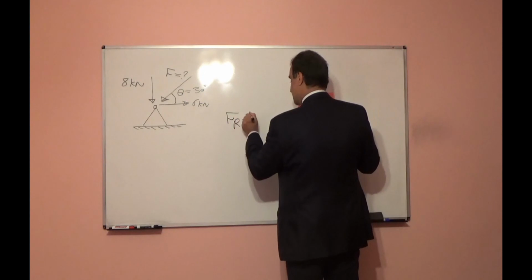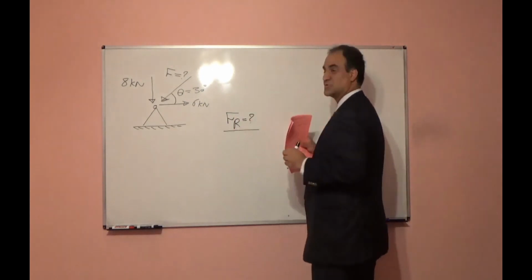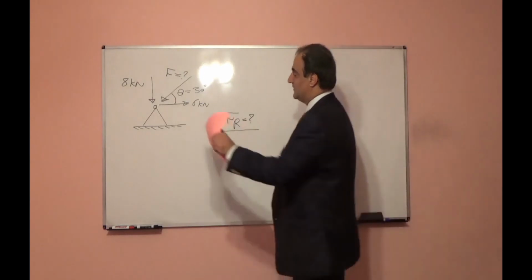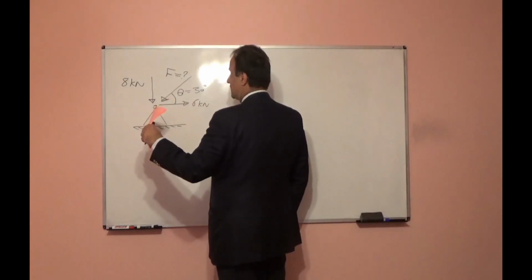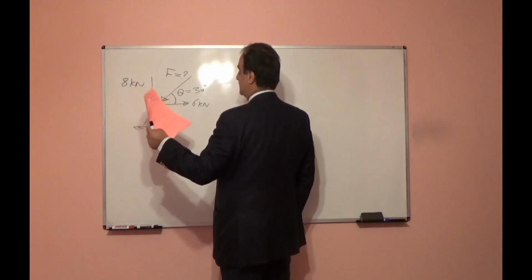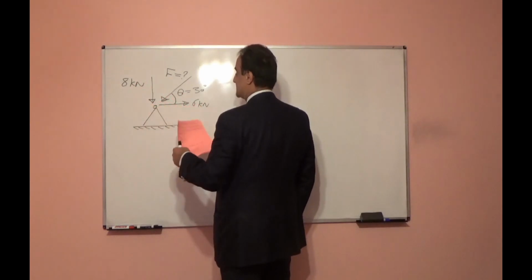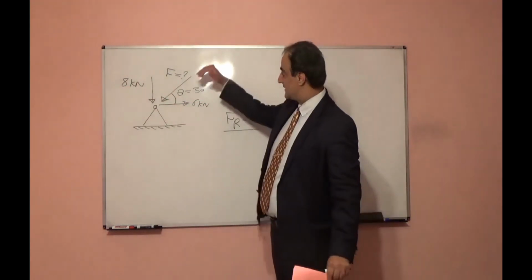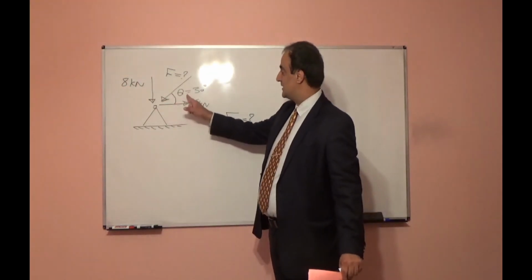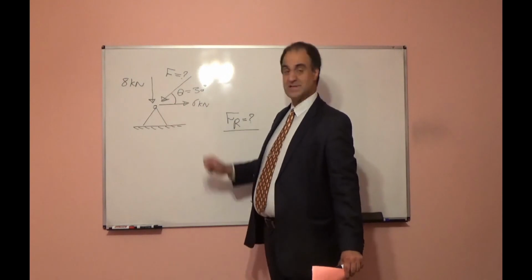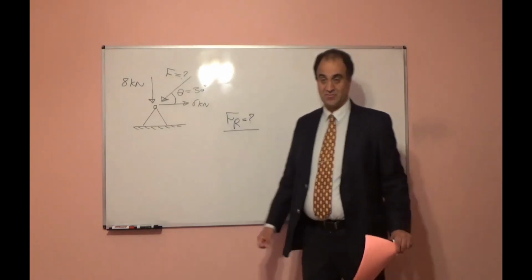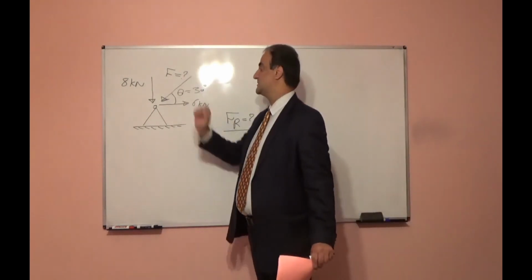resultant force magnitude? Maybe I made a mistake, so I will explain one more time. We have a support. This support is subjected to 3 different forces: horizontal direction 6 kilonewton, vertical direction 8 kilonewton, and an inclined force in the direction of 30 degrees with the horizontal direction. The magnitude of this force is unknown.